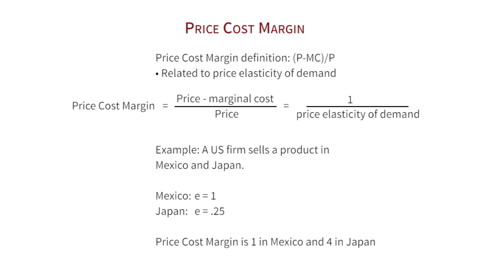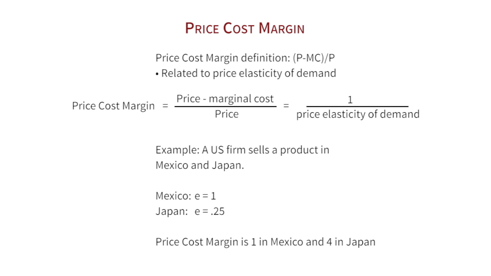In this case, the price-cost margin, just by using the formula, will be 1 in Mexico and 4 in Japan. So the firm will charge a much lower price in Mexico than in Japan. It's an example of price discrimination, and it's occurring in this example under the assumption that the price elasticity of demand in Mexico is higher than in Japan.